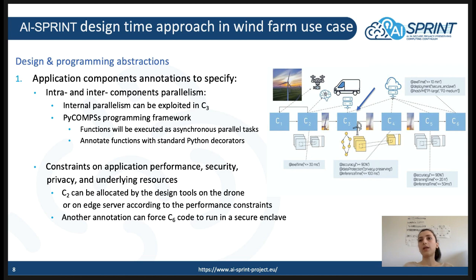The base of the AI Sprint programming layer will be the PyCOMPSs programming framework that aims to facilitate the parallelization of existing Python applications, which is mainly responsible for identifying the functions to be executed as asynchronous parallel tasks and annotating them with standard Python decorators.